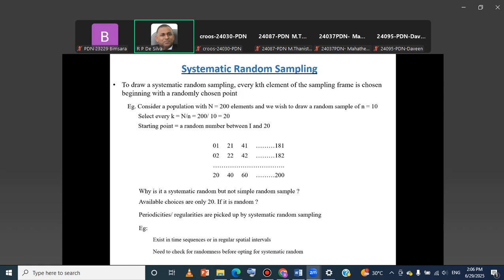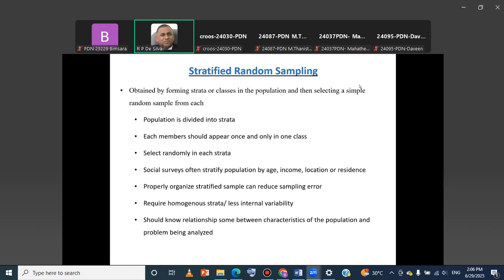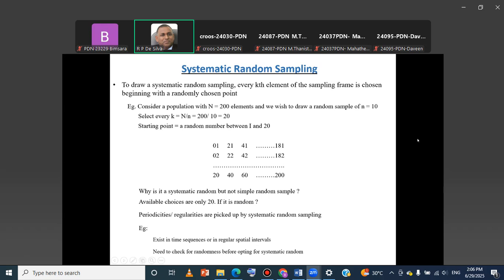So consider a population with N equals 200 and we wish to draw a random sample of n equals 10. So we want to take 10 samples out of the 200.